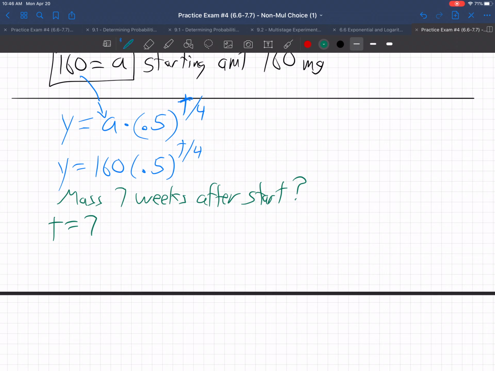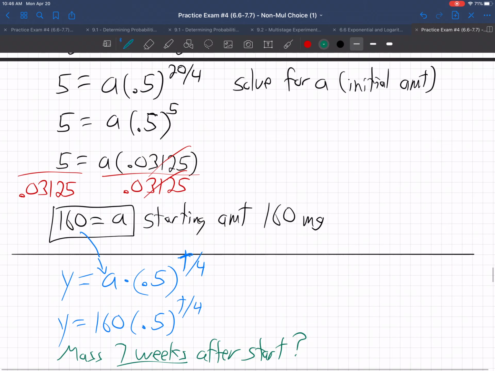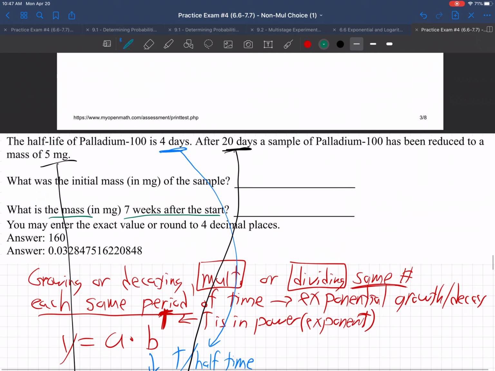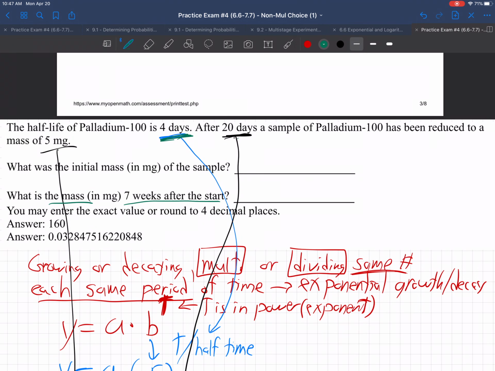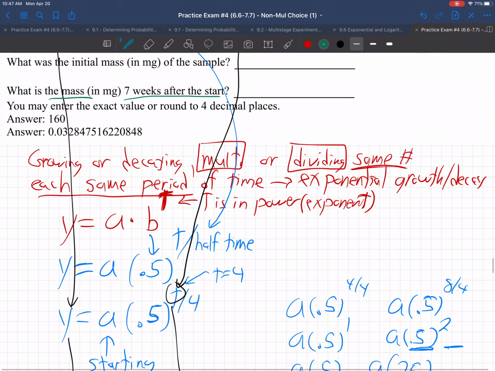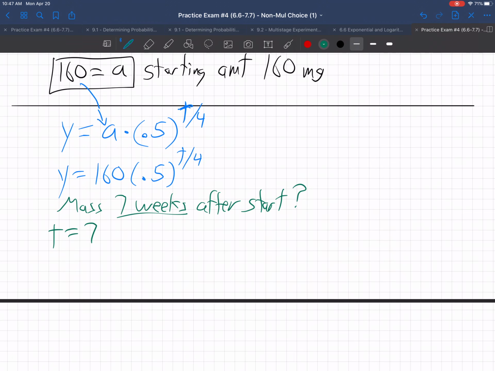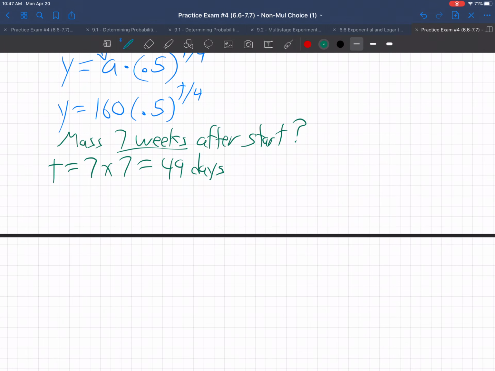Almost, but you know better than that, huh? What's wrong with the 7? The 7 is weeks, and we've been working in days up to now. We can't change our time units, so we've got to stick with days. So 7 weeks times 7 days in a week is 49 days. So now we'll plug in that.